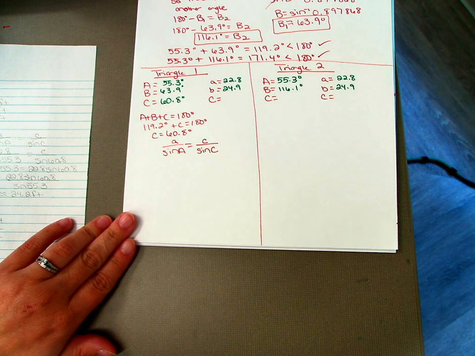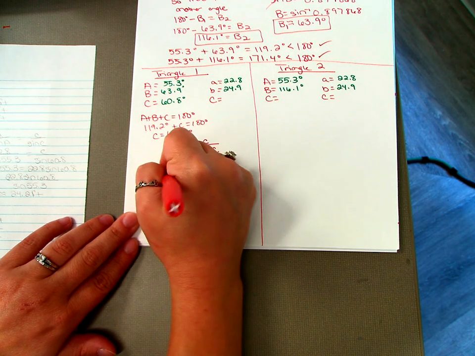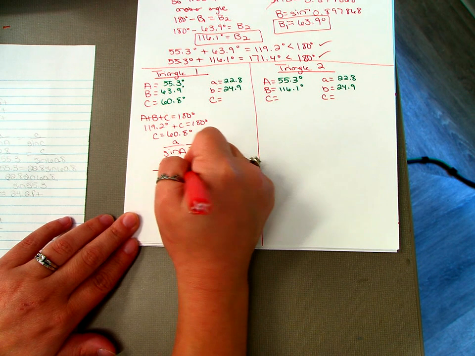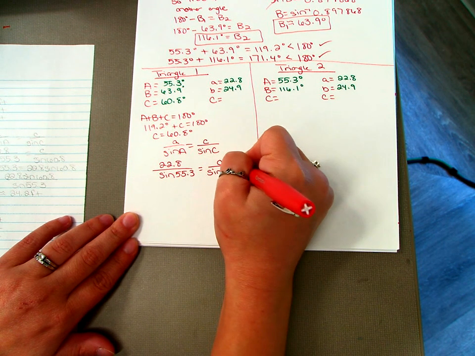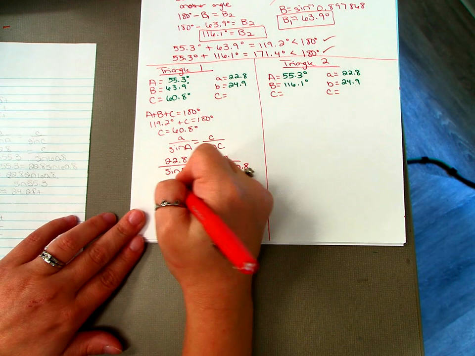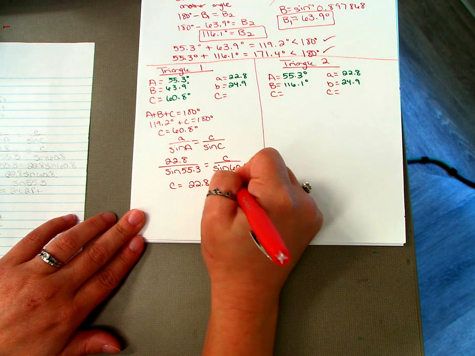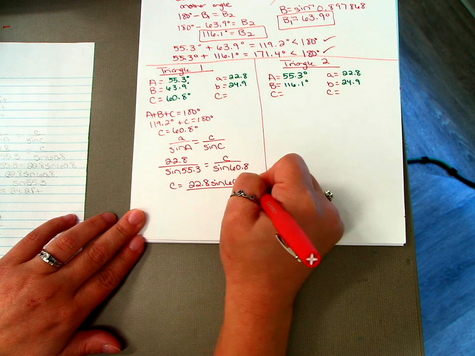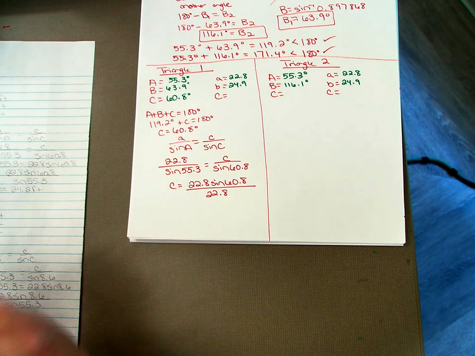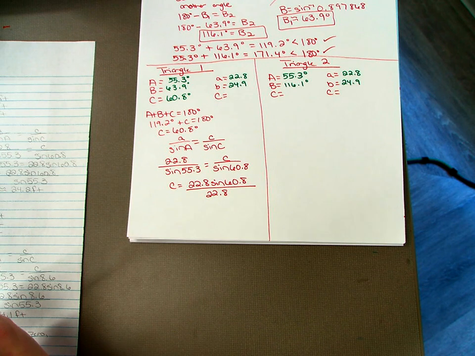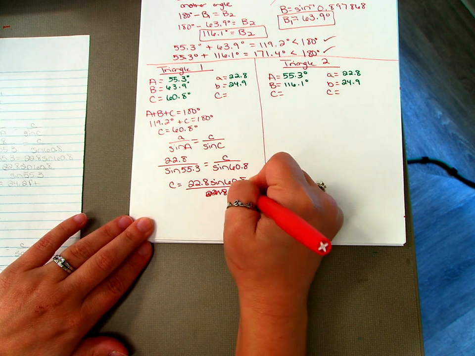So A is 22.8, angle 55.3. We found 60.8. So side C should be, I wrote 22.8 twice. Sine 55.3 is what I meant.